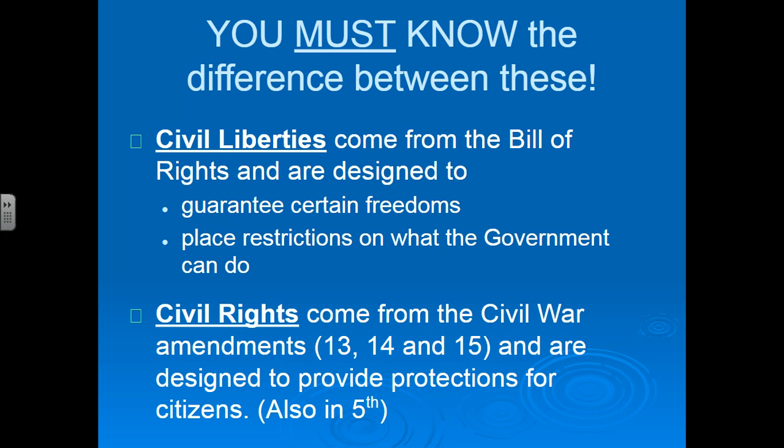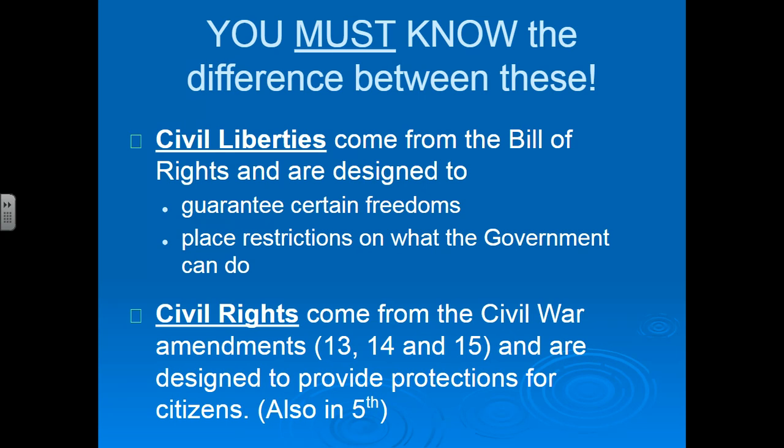So all 10 of those amendments are what we call our civil liberties. What they do is guarantee freedoms for you, and they place restrictions on what the government can and can't do. For instance, the Second Amendment, the right to bear arms. People will say it's my right to have assault rifles.